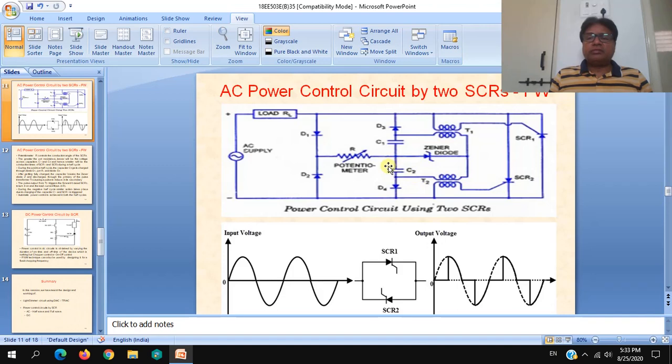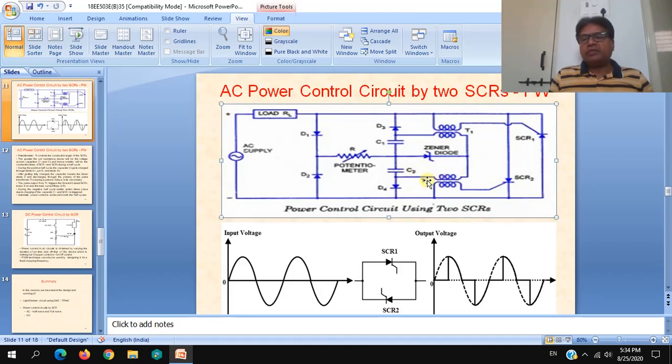The top plate charges with positive polarity and the bottom plate with negative polarity, so it discharges when C2 builds up sufficient voltage to break down the Zener diode in reverse. Then it discharges via the primary of the pulse transformer T2 and the Zener diode, and the discharging takes place.